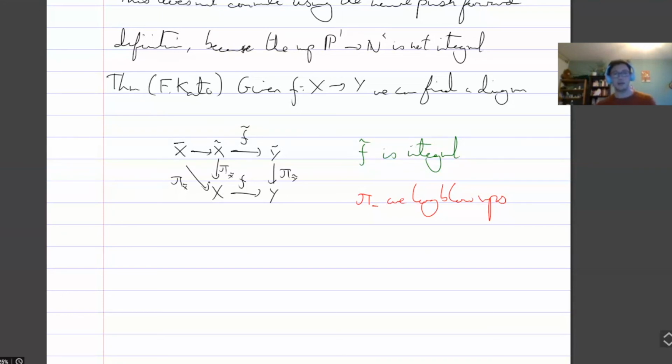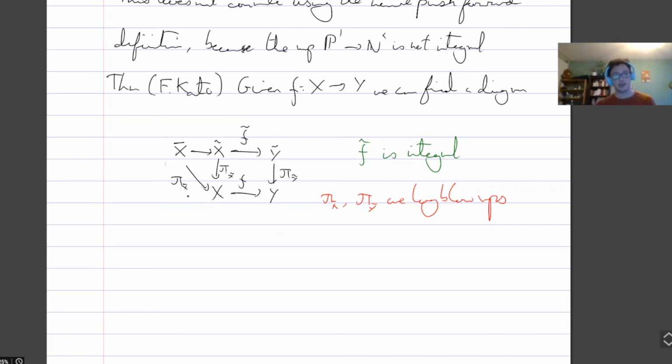And now, if I wanted to define push forward, I could do it by chasing around the following diagram. I have a cycle on X. I pull it back via, sorry, I don't mean to say, this should say that pi Y tilde and pi X bar are log blowups. Pi X tilde is not necessarily a log blow-up. Then, right, so if I had a cycle on X and I wanted to push it forward to Y, I instead should do the following thing.